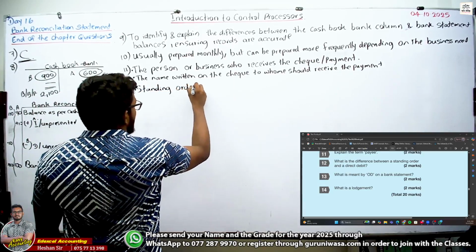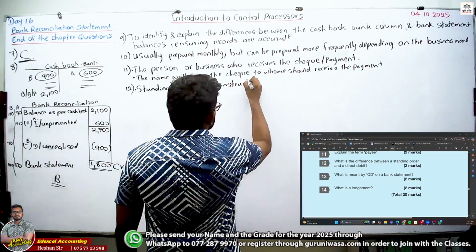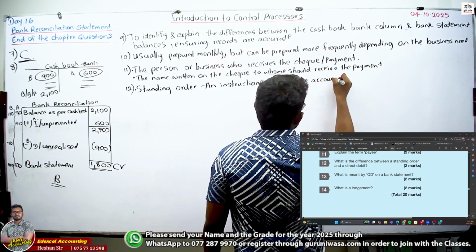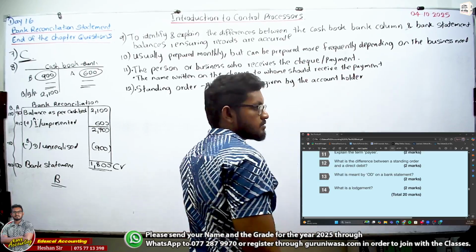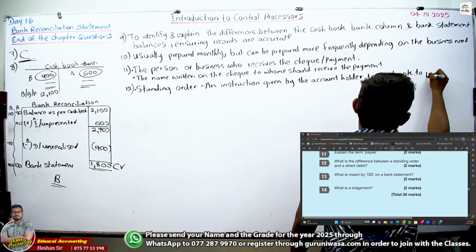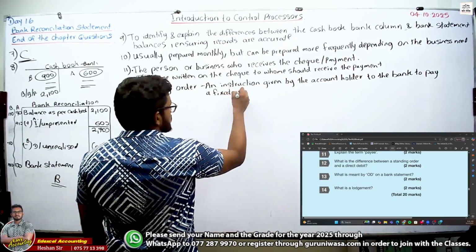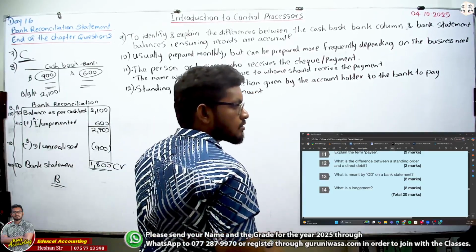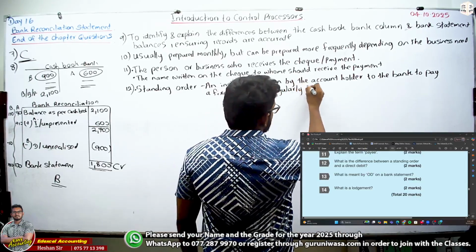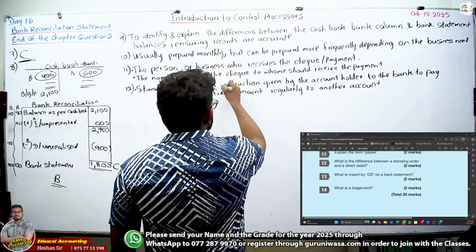Standing order means an instruction given by the account holder to the bank to pay a fixed amount regularly to another account. We give the instructions.